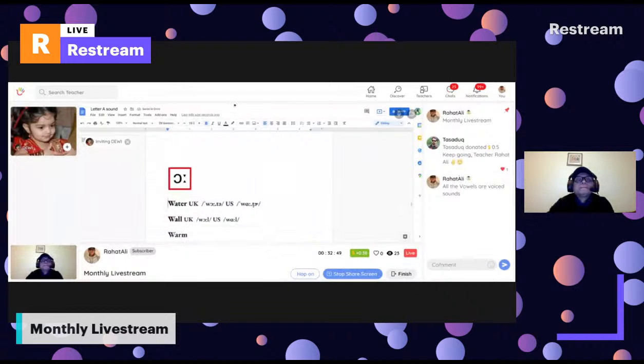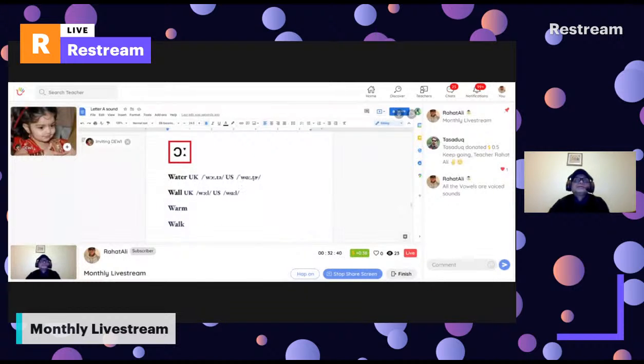Water. Similarly, wall, worm, walk. This is an interesting sound. In British English, the W sound is an O sound, whereas the WO sound is a WA sound. We have to be very careful.